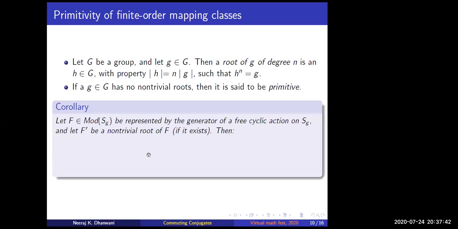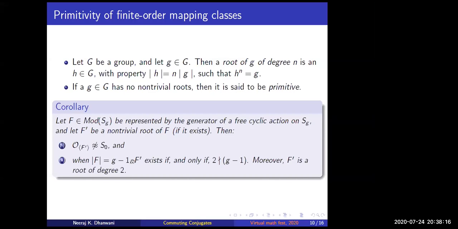But the corollaries are very interesting and easy to explain: if you have a mapping class which is a free action, meaning it doesn't fix any point on the surface, this we call a regular map, a regular cover. So if you take the orbit of any point under f, it has the same cardinality, which is the order of f. Then it has a non-trivial root only if the quotient orbifold is not spherical, and the root can only be of degree 2, and that is only if g minus 1 is not divisible by 2.